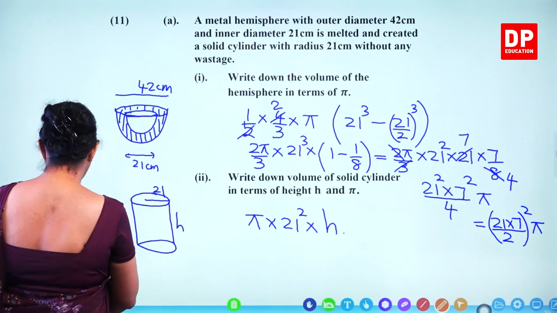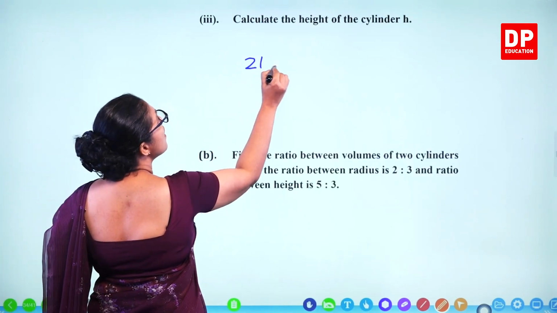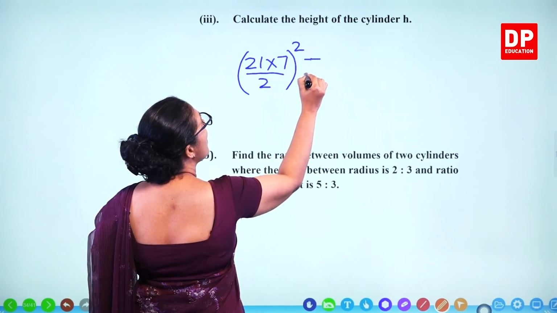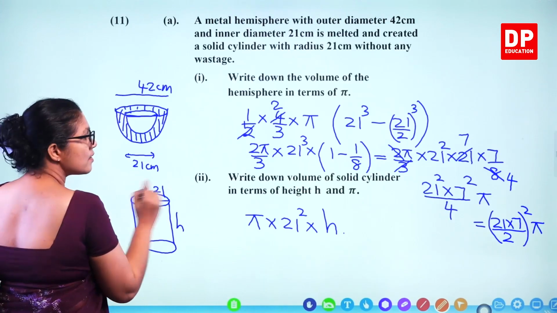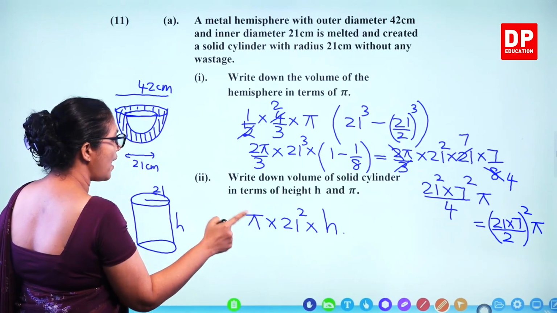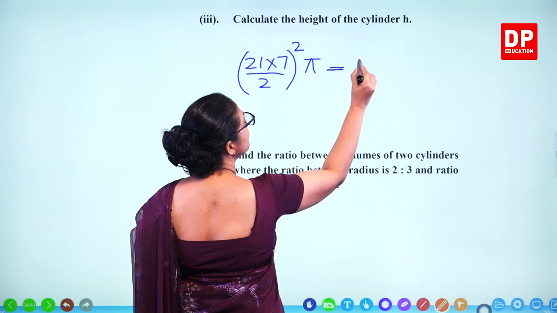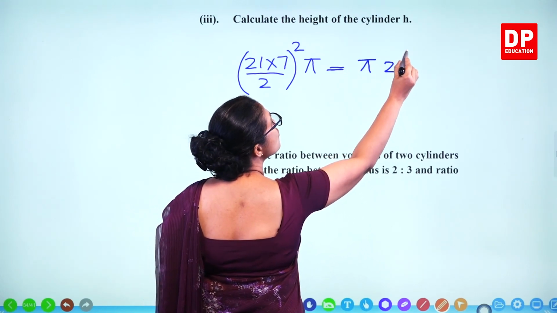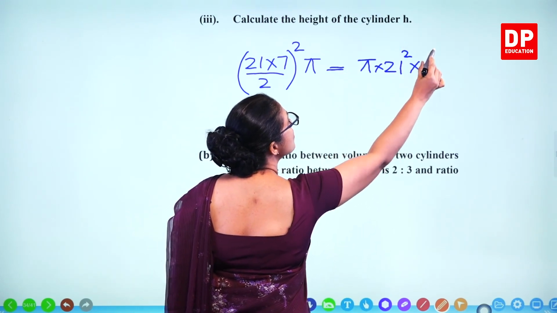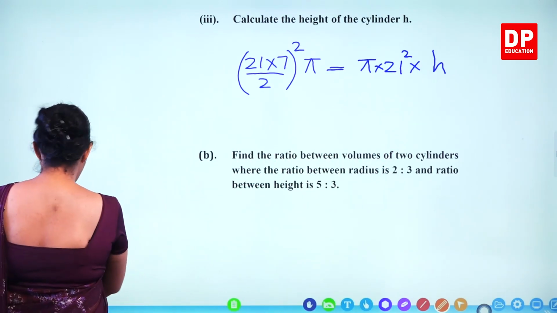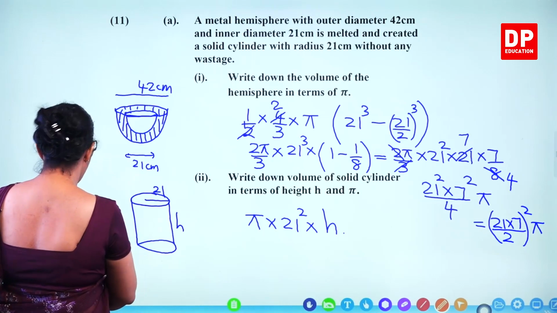21 times 7/2, squared, into pi is equal to pi times 21 squared into h. Now you need to find h. Again check pi into 21 squared h.